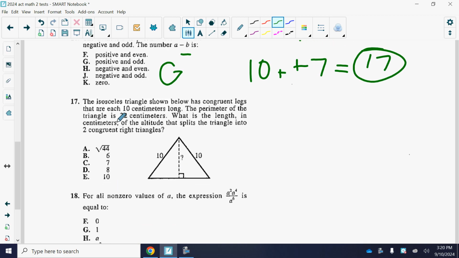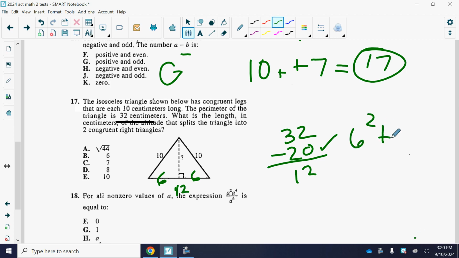The perimeter is 32. That means all three sides add up to 32, so 10 and 10 is 20. So the third side has to be 12. In an isosceles triangle, it's broken up evenly into 6 and 6. Anybody know this Pythagorean theorem? 6 squared plus question mark squared is 10 squared.